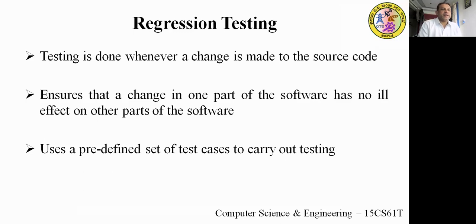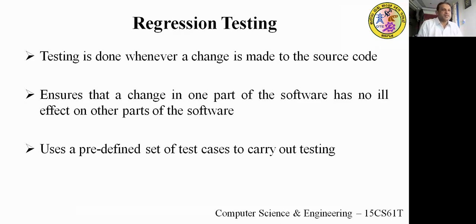So regression testing ensures that a change in one part of the software has no ill effect on other parts of the software. When the developer makes changes, it should not impact the other parts, and the tester will check that there are no bugs in other parts.